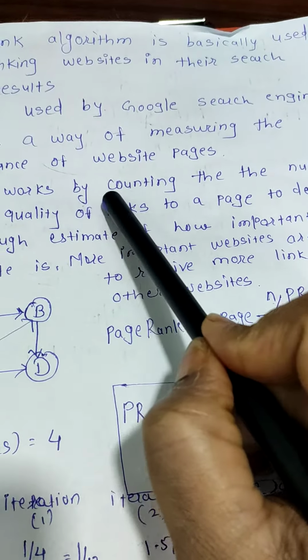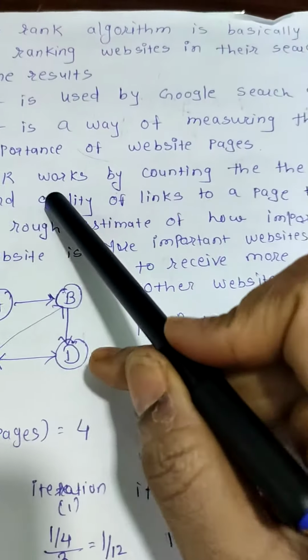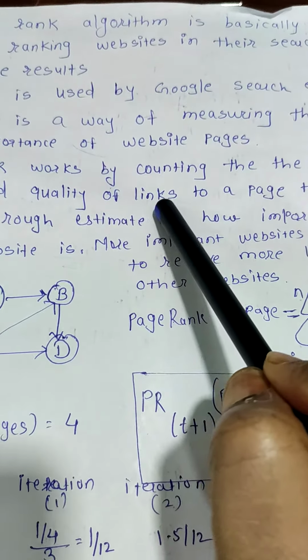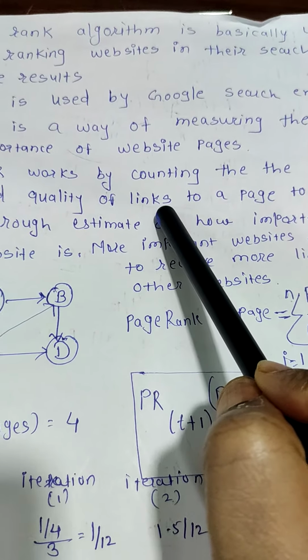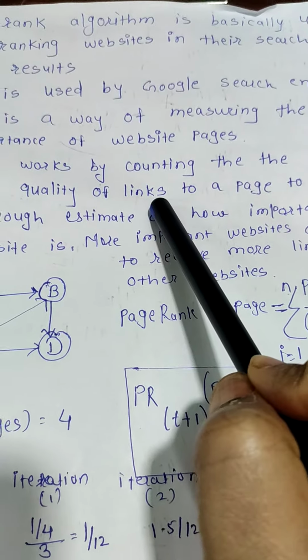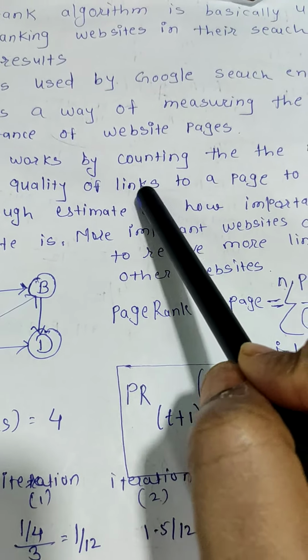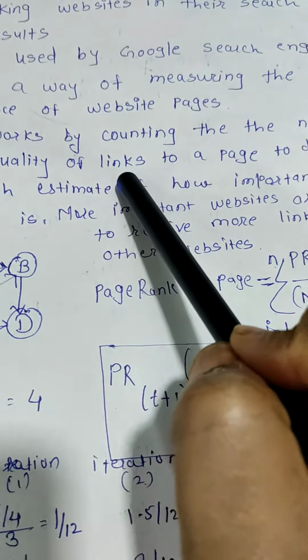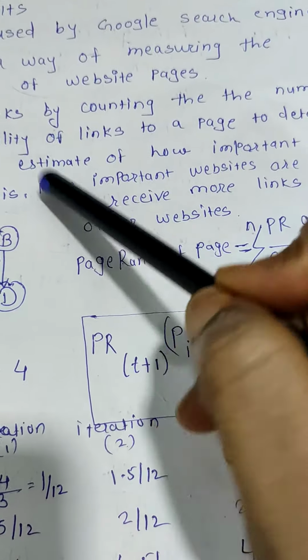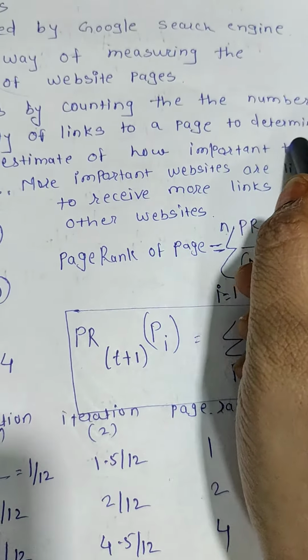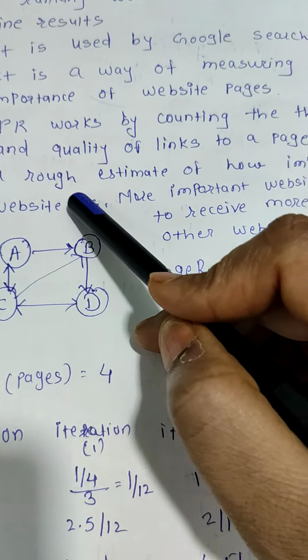PageRank works by counting the number of links and the quality of links. Quality of links means that a most important website is pointing to other sites. So that is the quality of links to a page, used to determine a rough estimate of how important the website is.